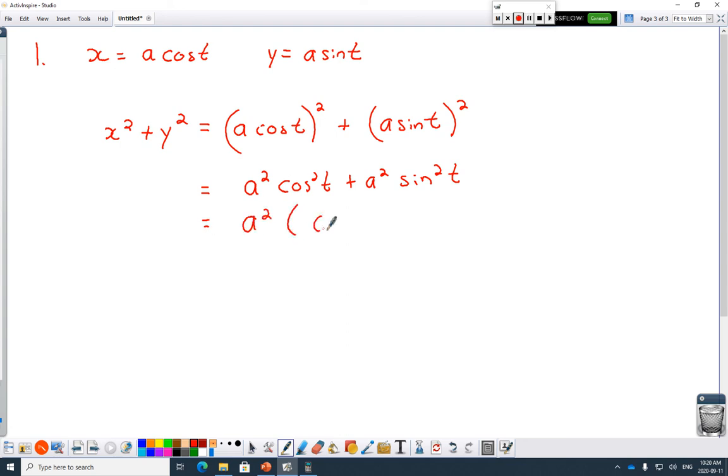And I'm left with cos squared t plus sine squared t, which I'm going to highlight, really just to kill time to see if your brain triggers. Brain working.